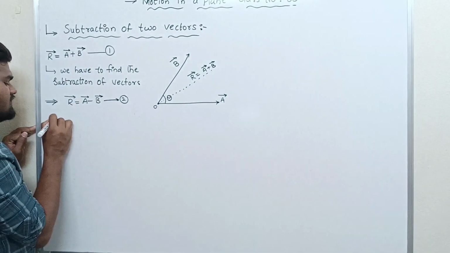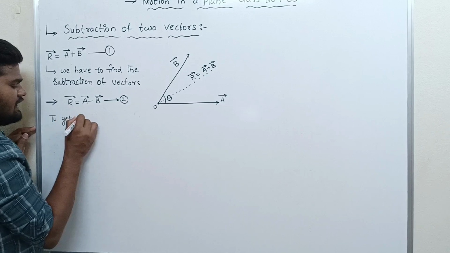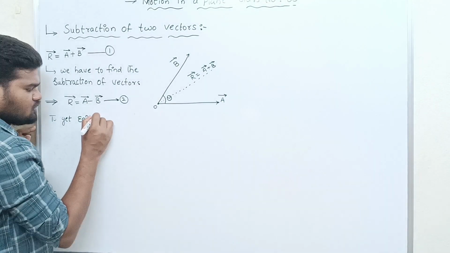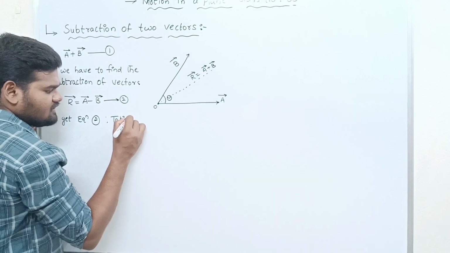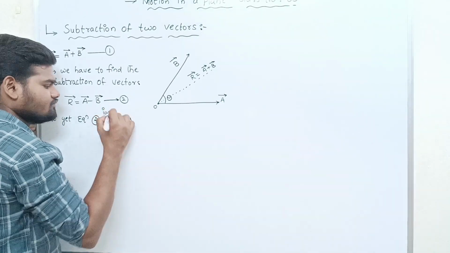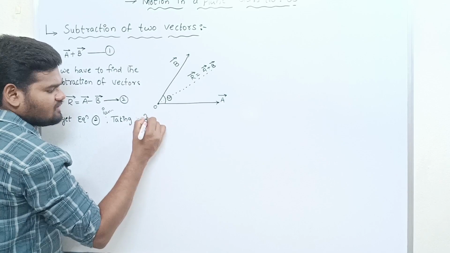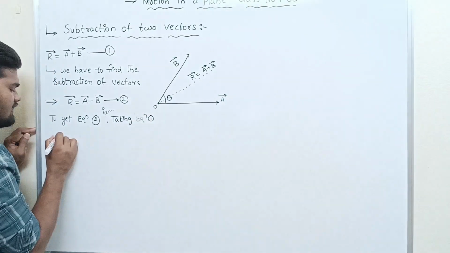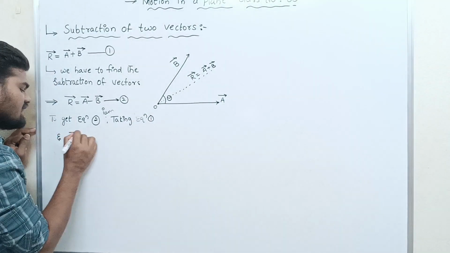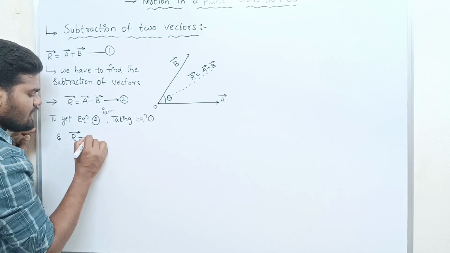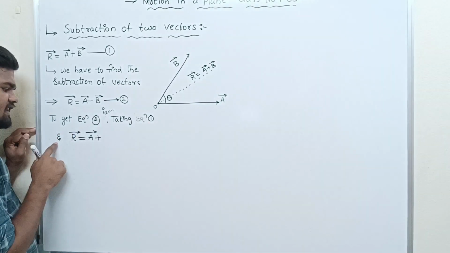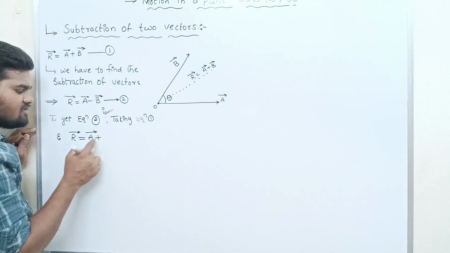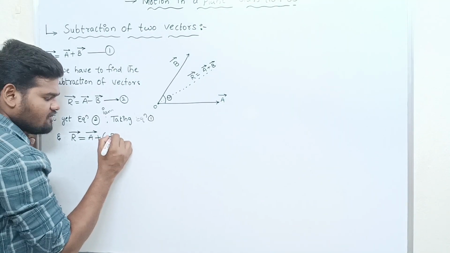To get equation number 2, I'm just taking equation number 1 and writing it as R bar equals a bar plus, minus of b bar. So R bar is equal to a bar minus of b bar.